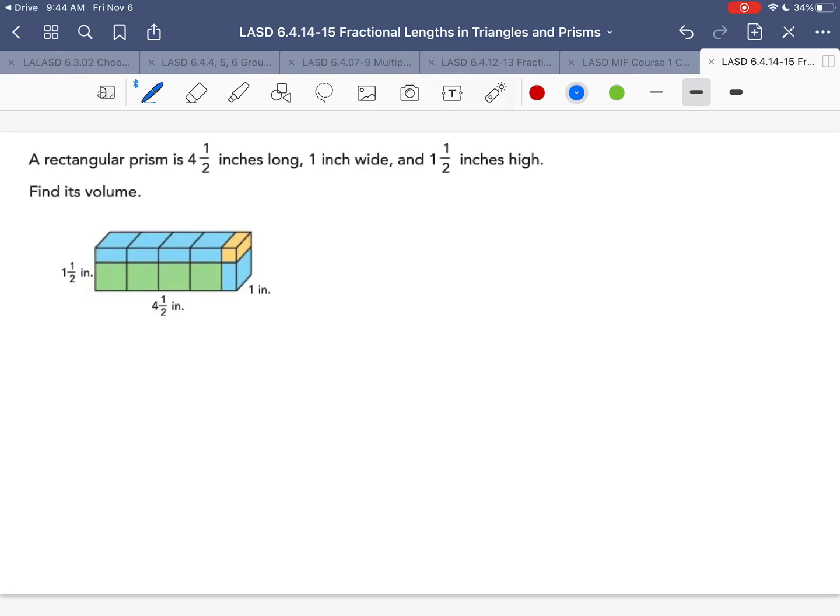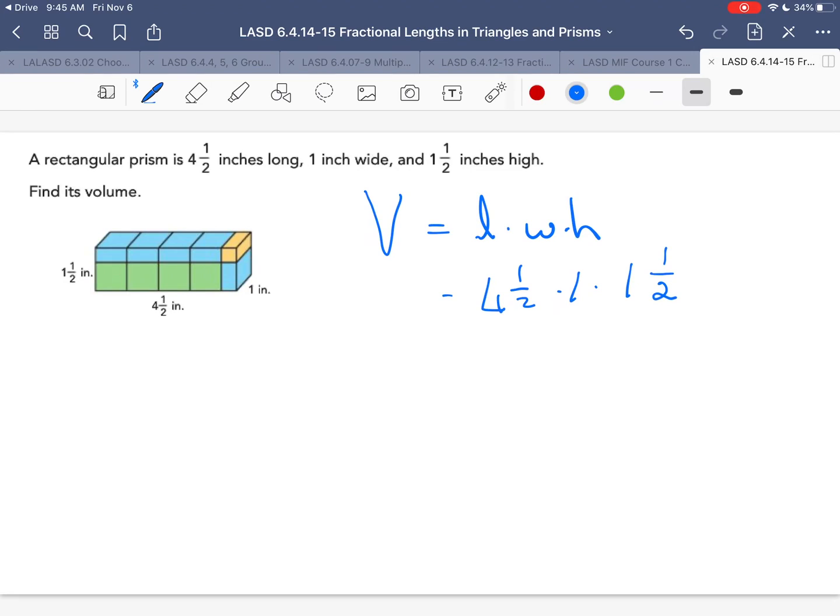And the formula is the volume is the length times the width times the height, in any order, it doesn't matter. 4.5 times 1 times 1.5.